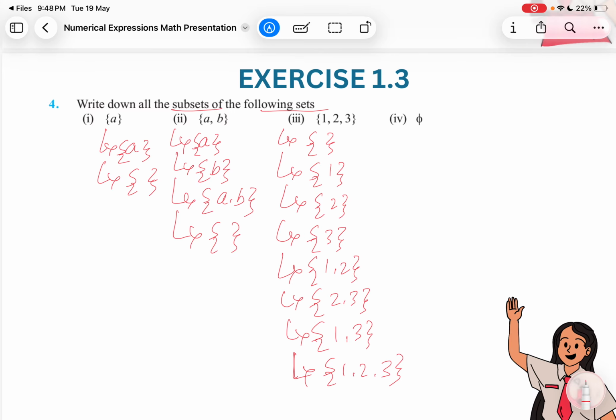And for this there will be only the empty set, because this is already an empty set, so only one element will be there.